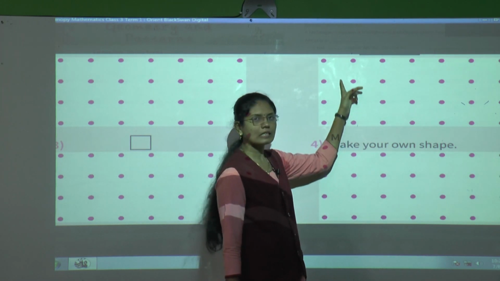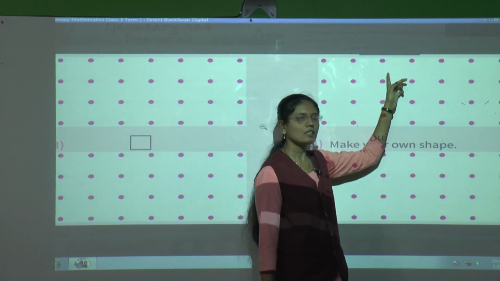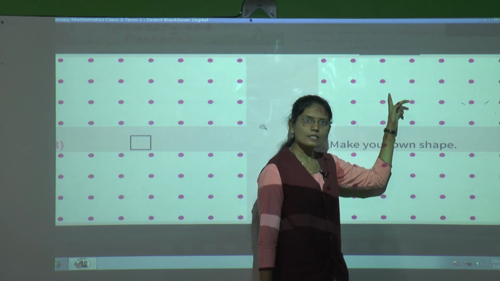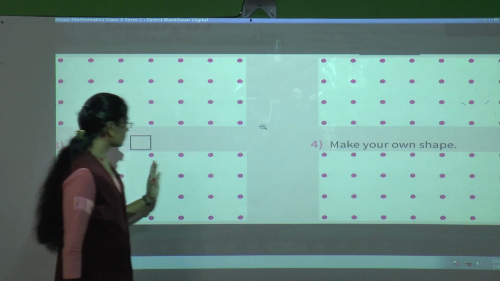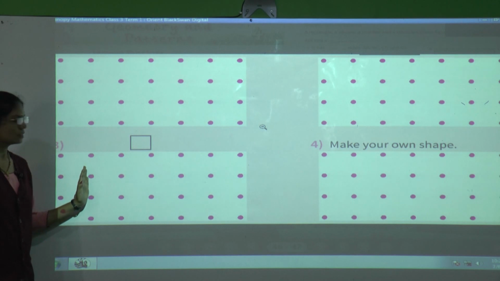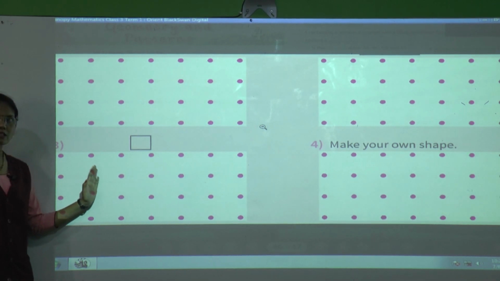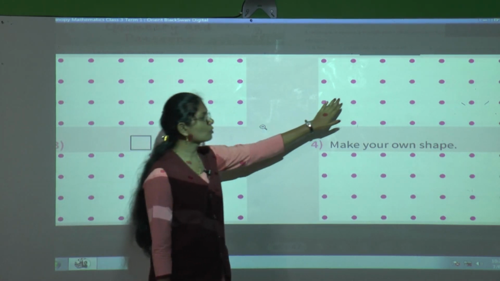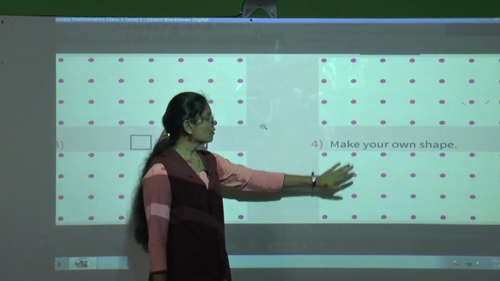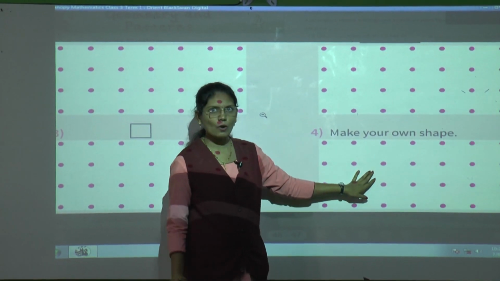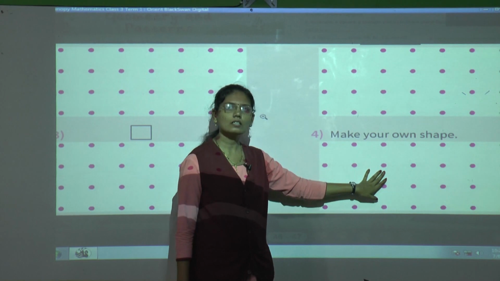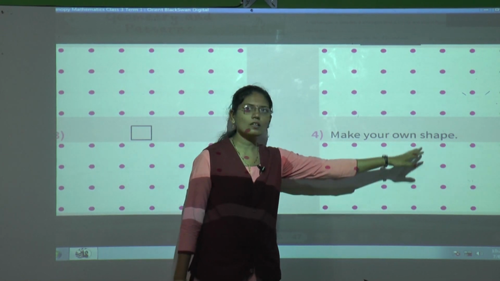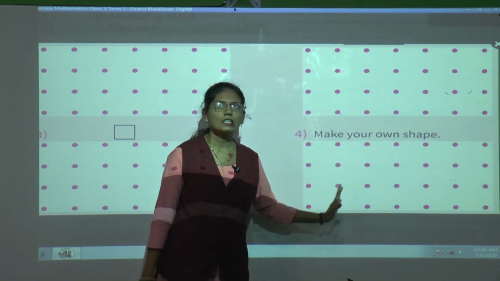So here with the help of these grids you have to draw one square. Again here you have to draw one square, and here you have to draw a triangle. One more shape which you want to draw, you can draw here, that is make your own shape with the help of these grids.